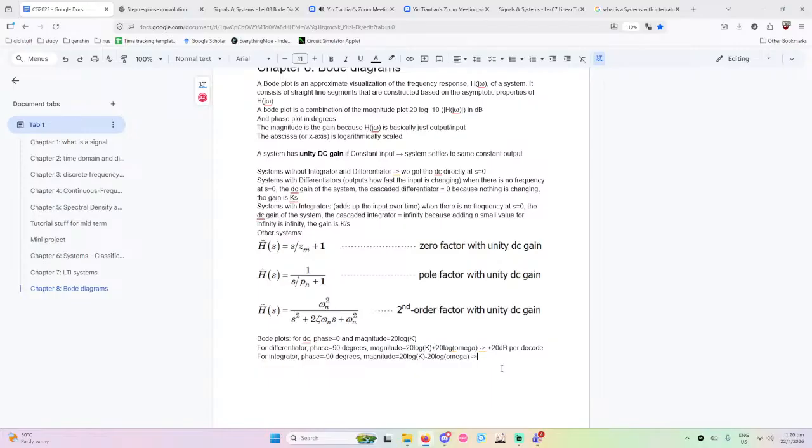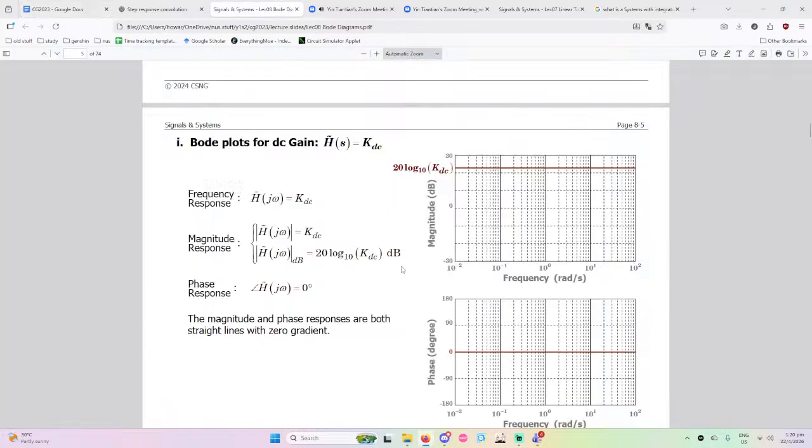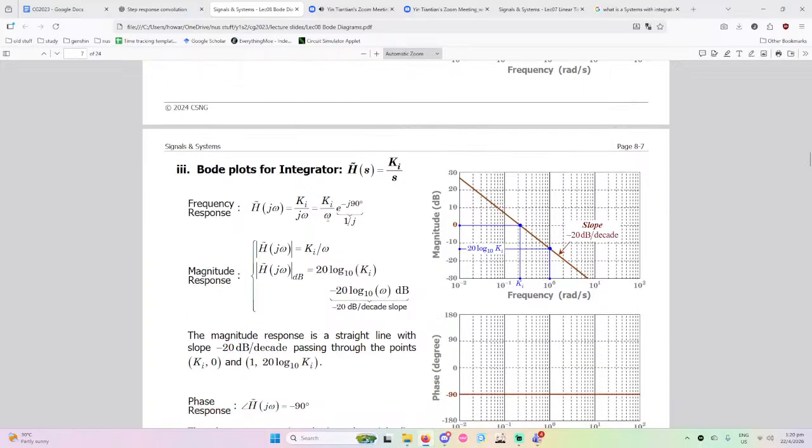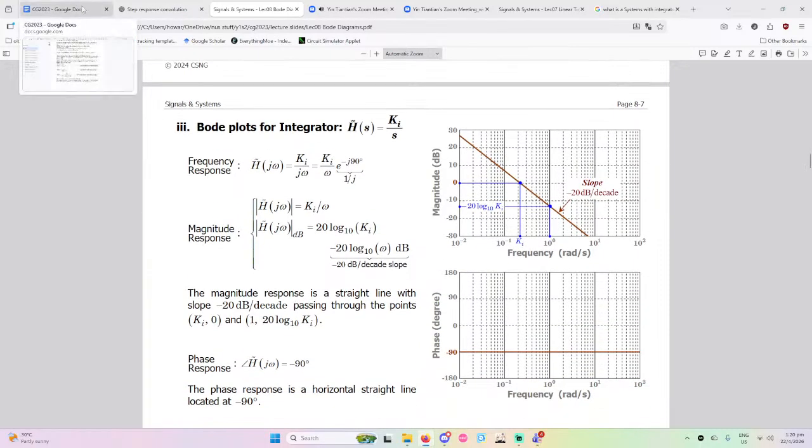Now let's look at the Bode plots for the integrator. So for the integrator, the transfer function H tilde s is equal to ki over s. So in the first step, we are going to replace s with j omega to obtain the frequency response.